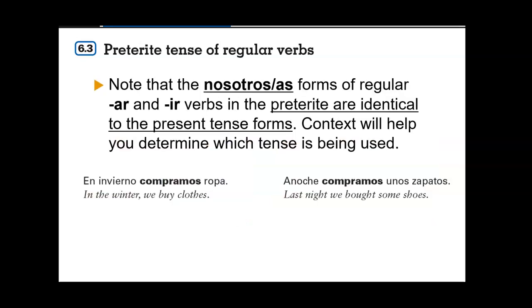Note that the nosotros forms of regular AR and IR verbs in the preterite are identical to the present tense forms. Basically, all this is saying is what you learned in Spanish 1 for the AR and IR endings, it's the same endings for the preterite. If you know those endings, you'll know the endings for the preterite.